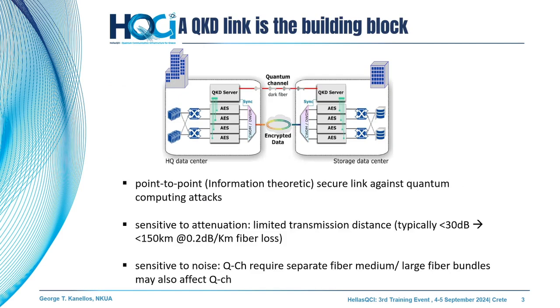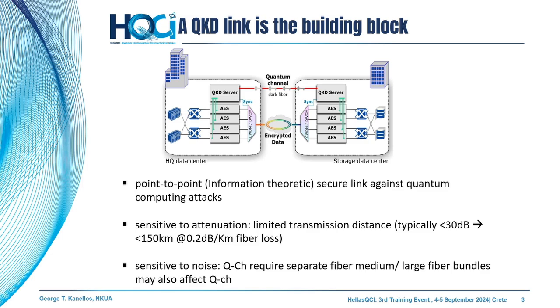Now, thanks to the description of Yannis Giannoulis on what a QKD technology is, we can easily identify that we have a link, a point-to-point link. So we normally use an Alice and a Bob. They exchange photons. They implement the BB84 protocol.